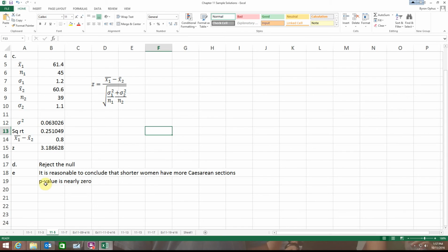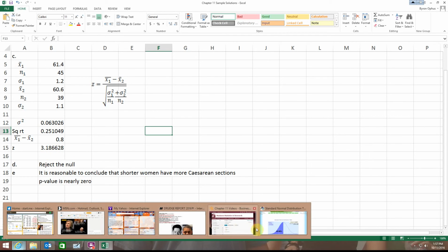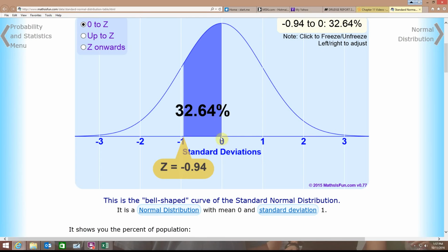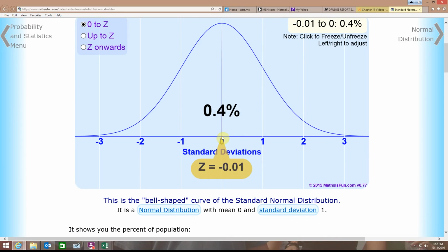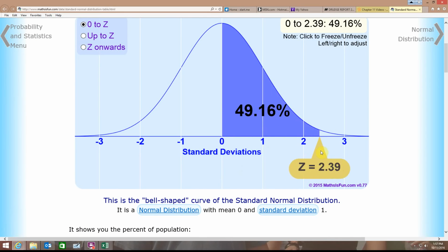And when I calculate my p-value, by the way, on that 3.18, why do I say it's virtually zero? Because you can just come out here, right? I got to go to a z of 3. Will it even go that far? Yeah, right there, 3.17, 3.18, somewhere in about there. 49.9.